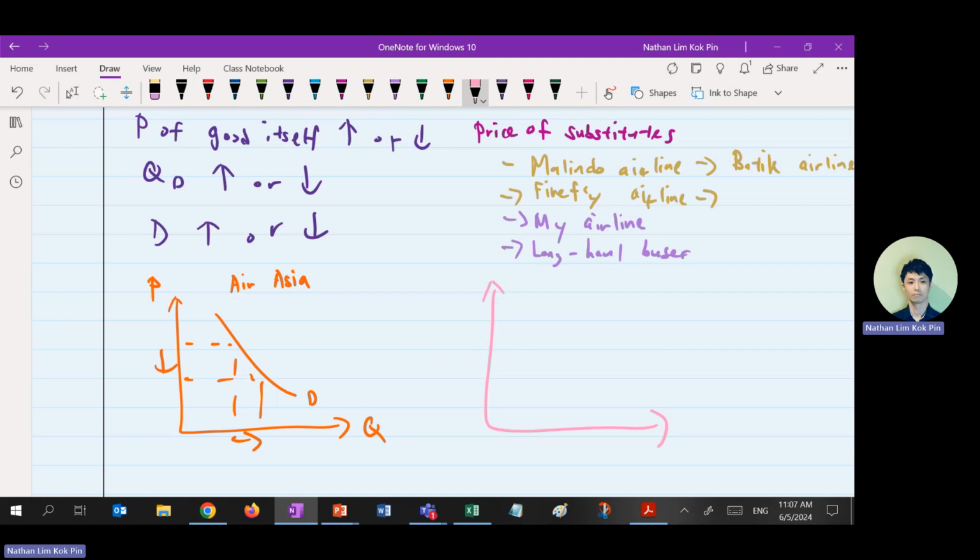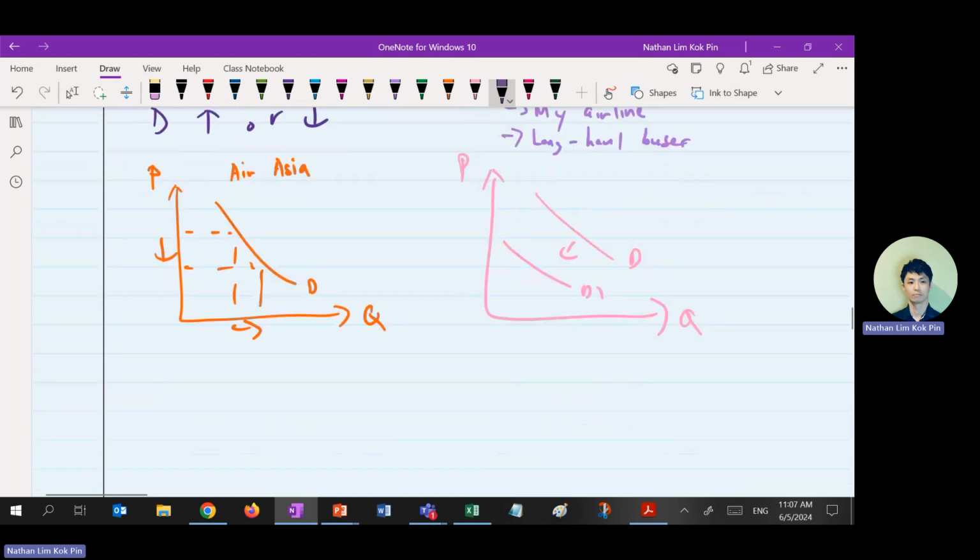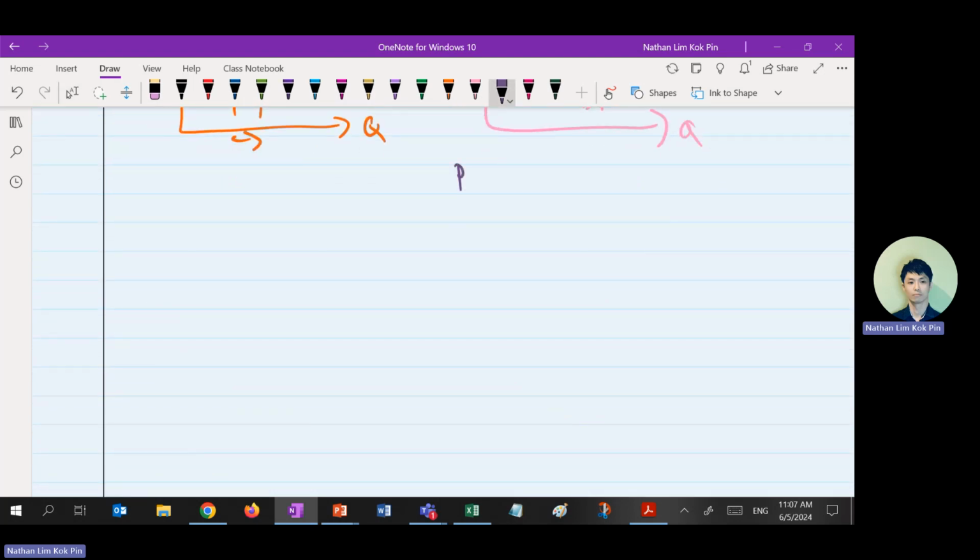Indirect is on the right side. What happened to all these substitutes? The demand will go down. Makes sense. Second thing you can write is price of complements. I told you already, let me repeat again. Price of complements, you can talk about what?